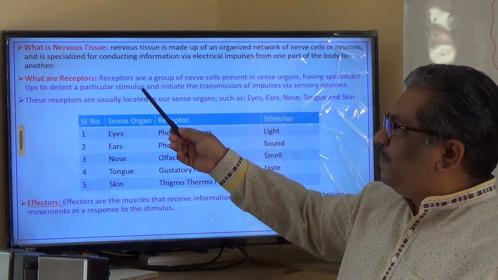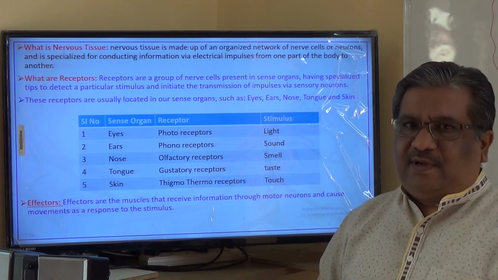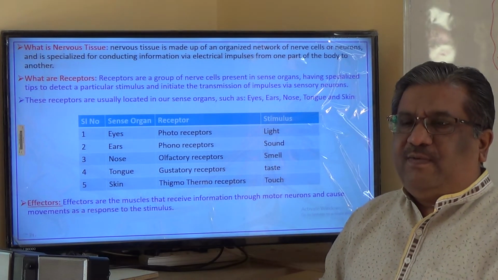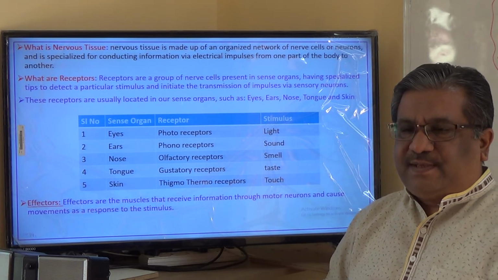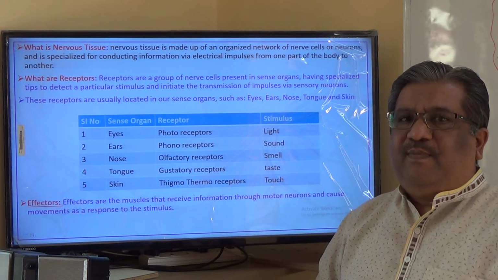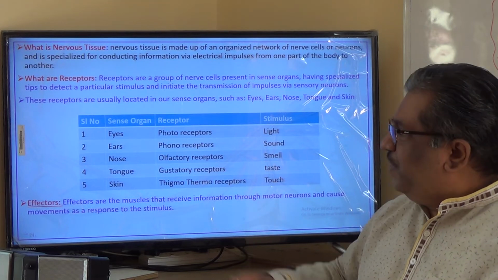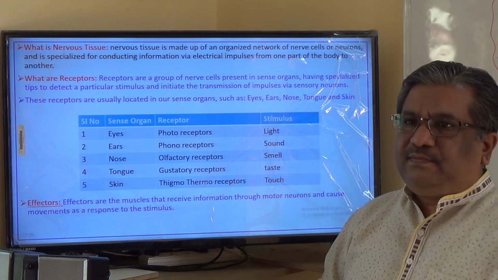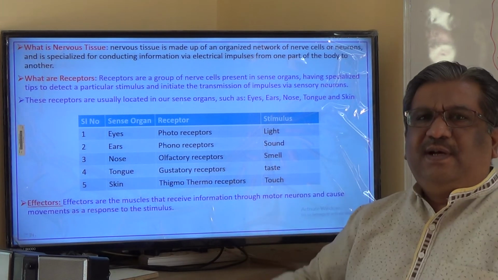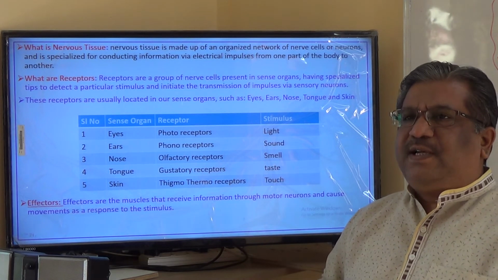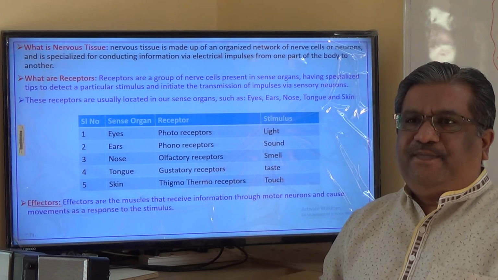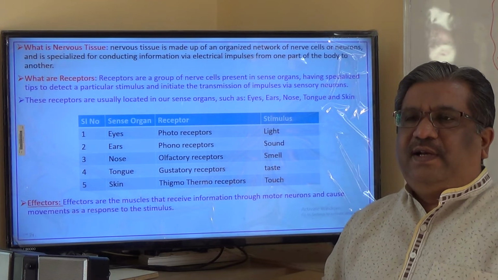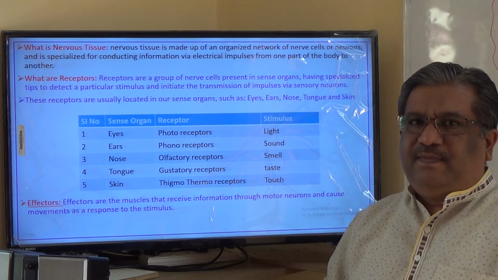So we have understood that receptors are special nerve cells present in the sense organs. What is their job? They gather the stimulus and send the nerve impulse via sensory neurons. What are effectors? Effectors are muscles. In the hands you have muscles, in the legs you have muscles. What causes the movements of the hands and legs? Contraction and relaxation of the skeletal muscles lead to the movements of different body parts.